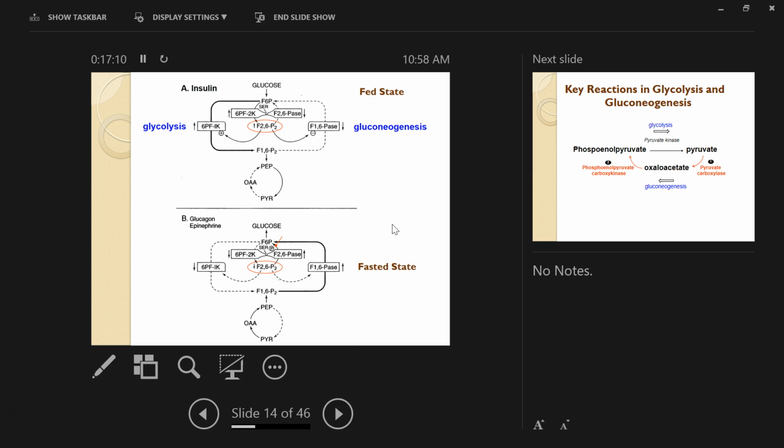Okay. So now we already know the two different pairs of enzymes, and how they are regulated by hormones and substrates, right?